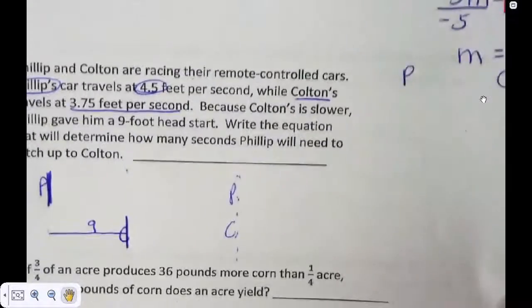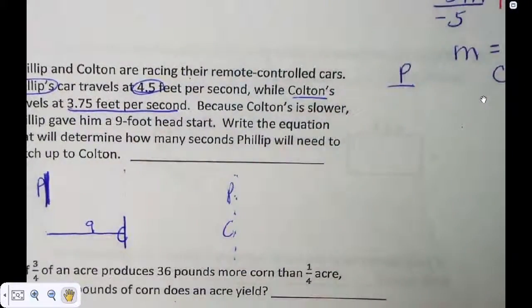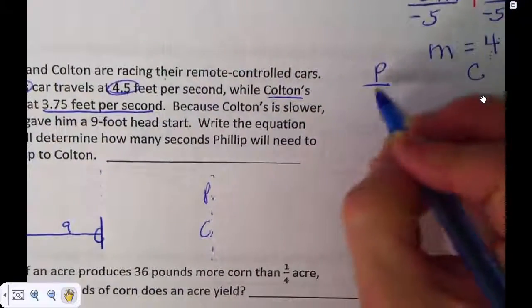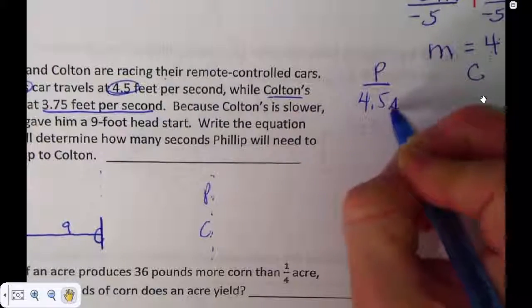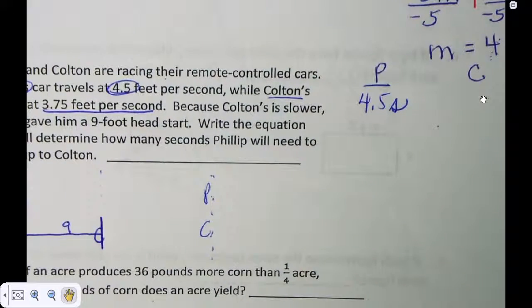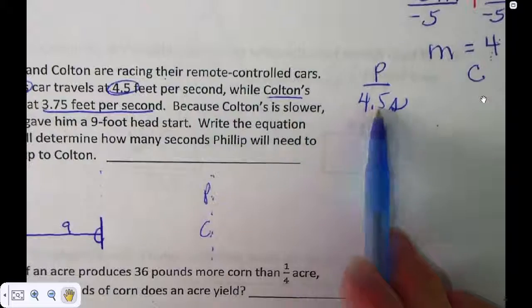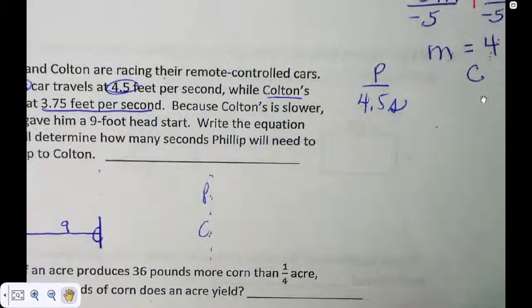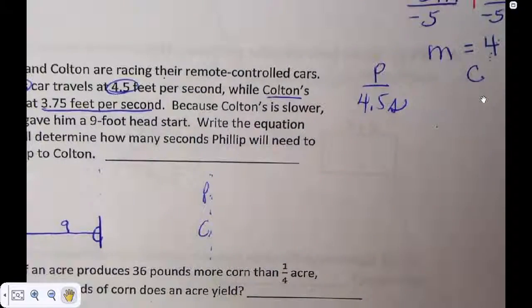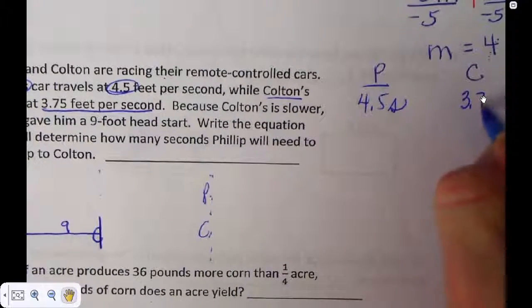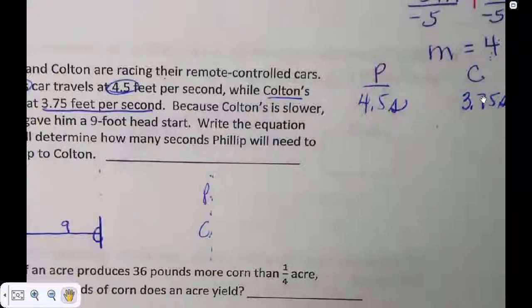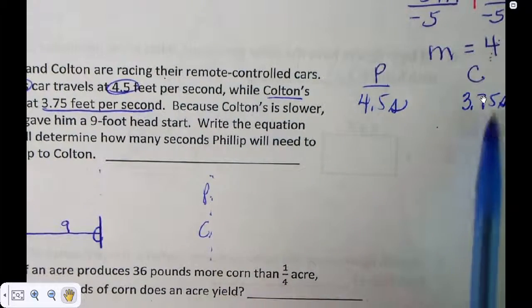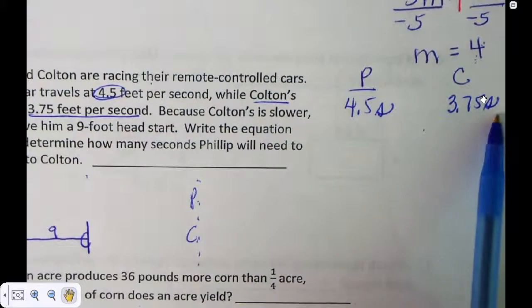So to get Philip's distance, how far he's going to go, I'm going to multiply 4.5 times S. That's going to give me Philip's distance. Colton's distance is going to be figured by 3.75 times S, the seconds. We don't know the time. We're trying to find out the time.